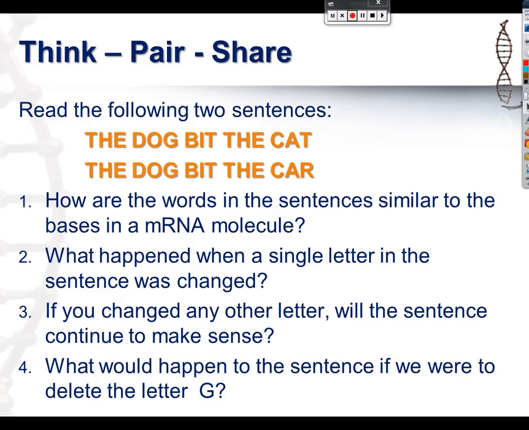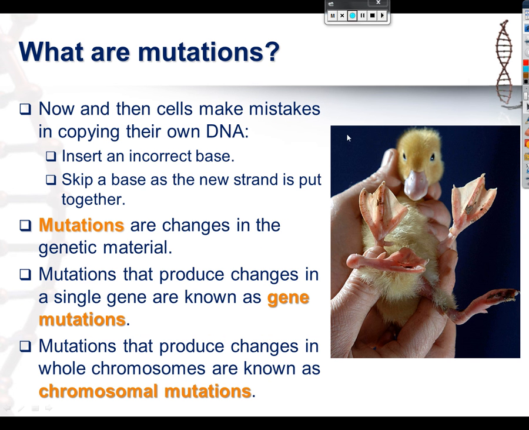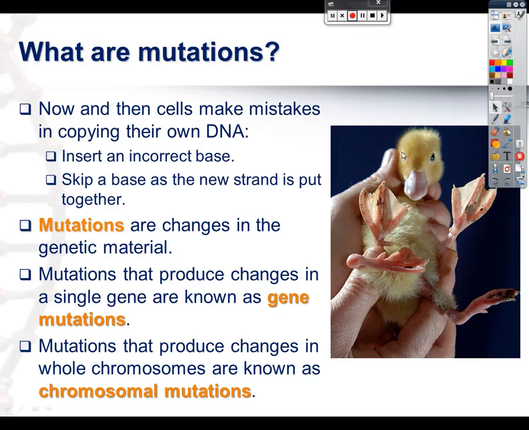So that's omission, for example. That's another one of our errors in mutation that makes matters even worse. Not to say that some errors are worse than others, but some errors can have greater impact on the offspring than others.